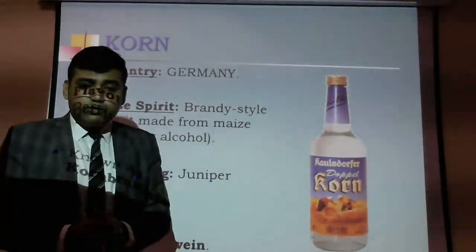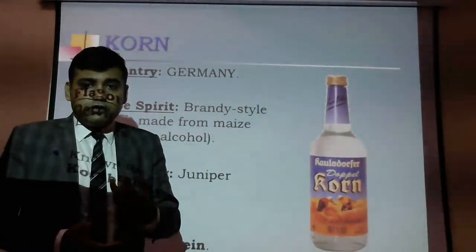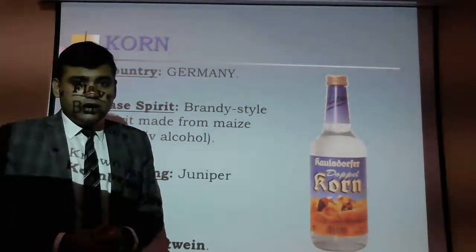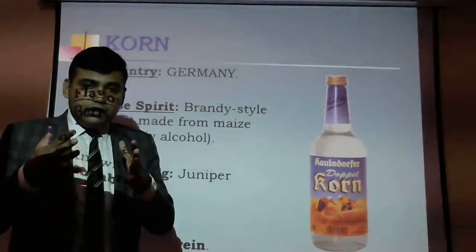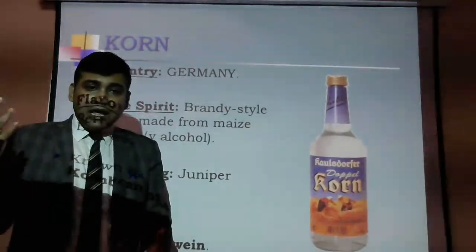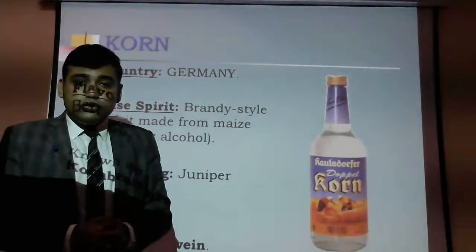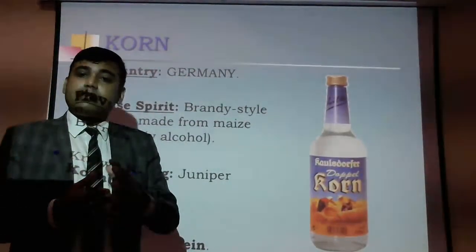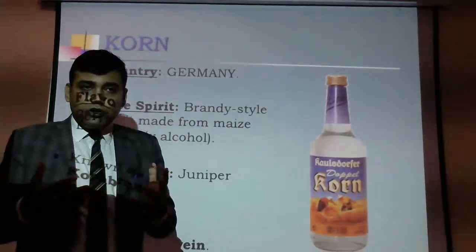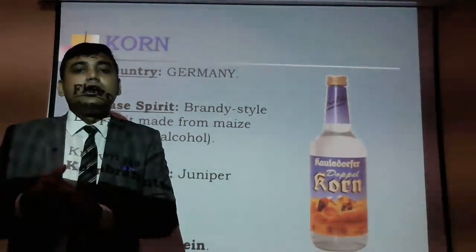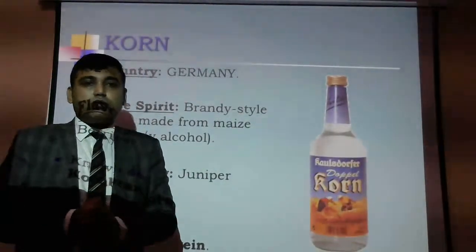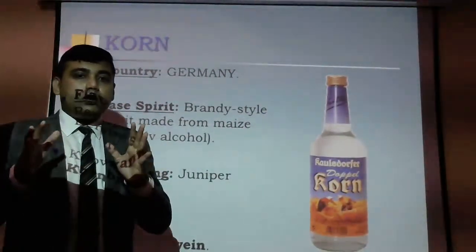Now juniper berries, as you know, are a type of fruit which is a predominant flavor in this particular korn, and this is first distilled in a pot still, the traditional copper still, and then it is produced. Then we add the spices. Same way in aquavit also, you first distill it, made from potatoes and grains, and then you add the spices and the herbs. So this is what we know about the korn.